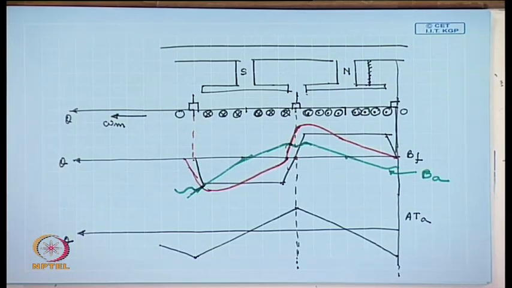This distortion of the field flux due to the current flowing into the armature is called armature reaction.